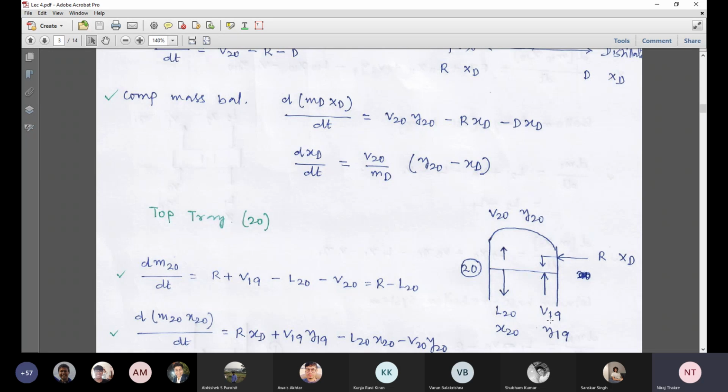It is coming from 19th tray, okay? So nomenclature is given accordingly. And R and XD are different because that is reflux rate, and XD is its corresponding composition in mole fraction.